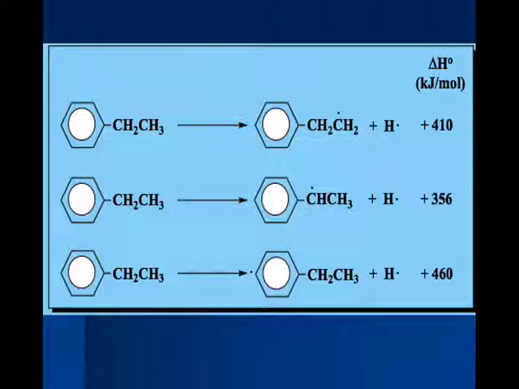What is it about having a radical on this benzylic position that makes it so favorable? The aromatic ring makes it more substituted. Doesn't make it any more substituted, but it has something to do with the aromatic ring. What can that aromatic ring do? How?